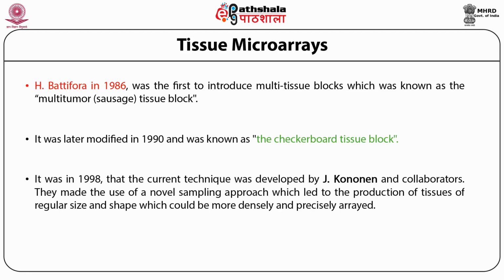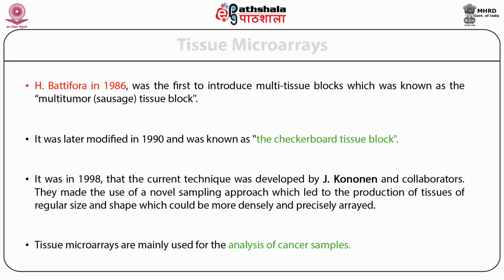It was in 1998 that the current technique was developed by J. Kononen and collaborators. They made use of a novel sampling approach which led to the production of tissues of regular size and shape which could be more densely and precisely arrayed. Tissue microarrays are mainly used for the analysis of cancer samples.